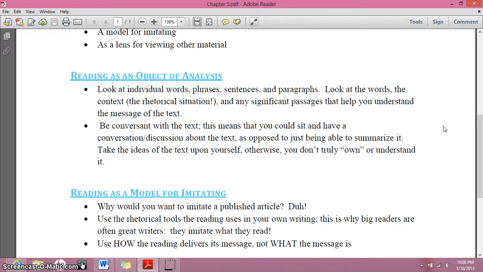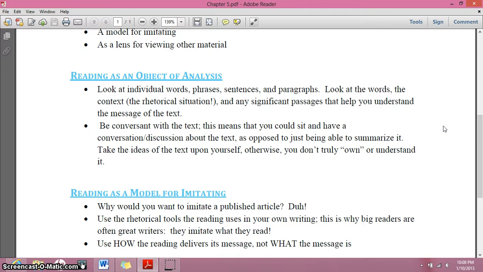And to imitate them, you're basically just going to use the rhetorical tools that author used to create your own writing. So if you read an article that begins with a personal anecdote, which is a story, at the beginning, and you go, the next topic I'm going to write about would be really good with that.